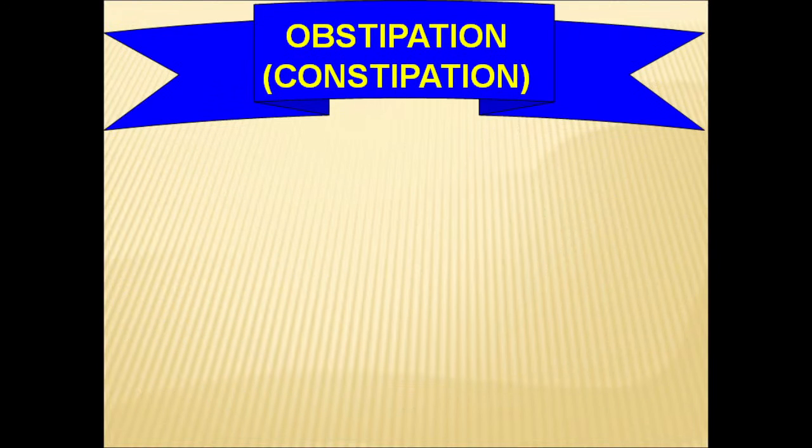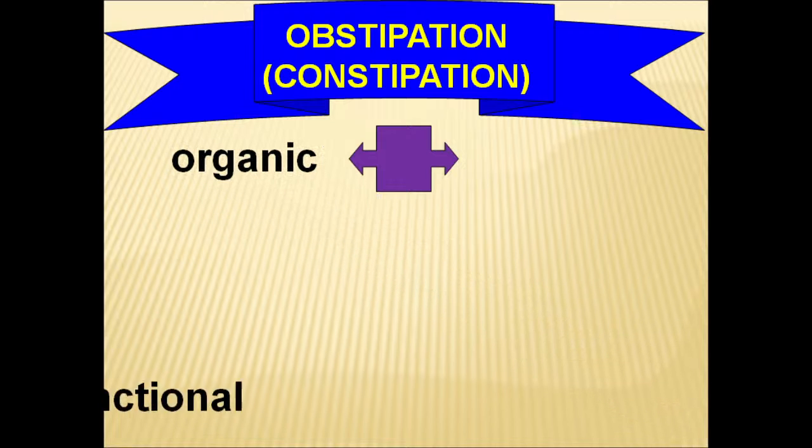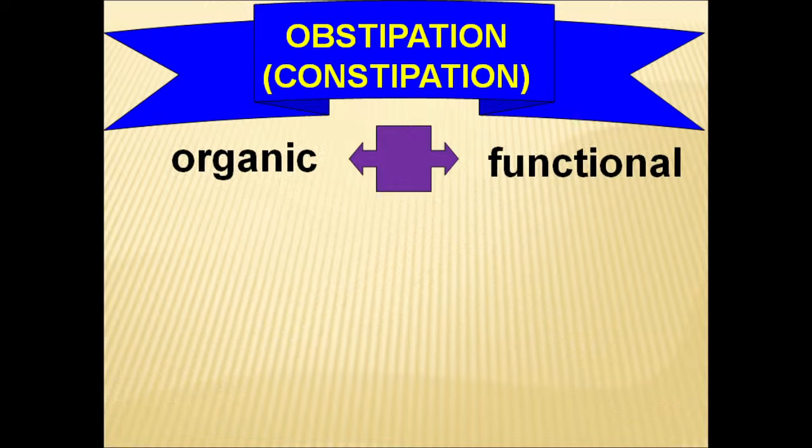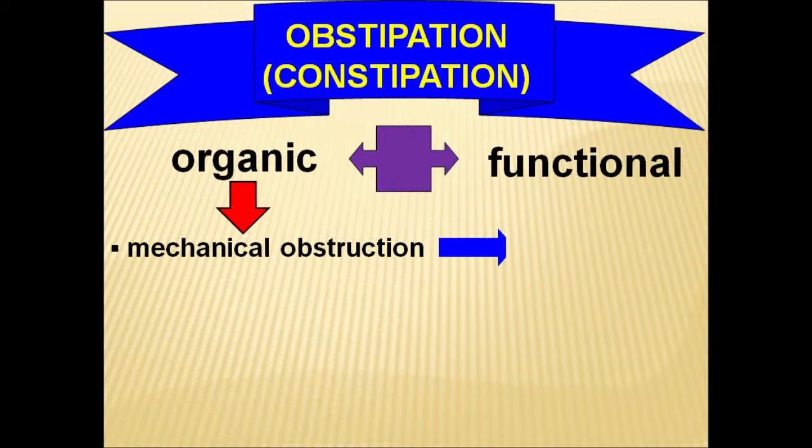The opposite problem, constipation. Feces become hard and difficult to evacuate. We differentiate two types of constipation, organic and functional. Organic constipation appears due to some anatomic defect and is more grave if it appears due to mechanical obstruction.